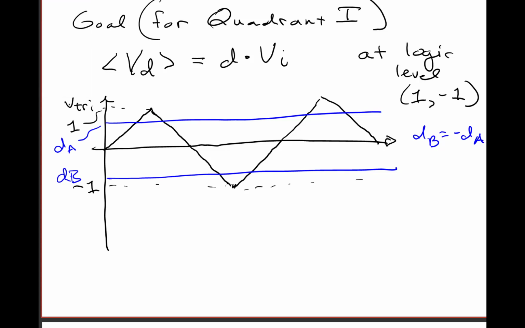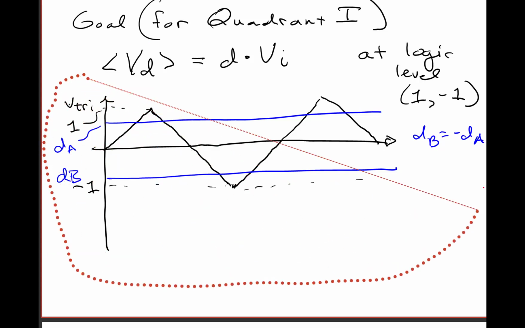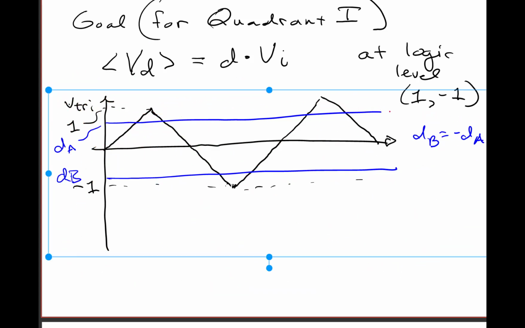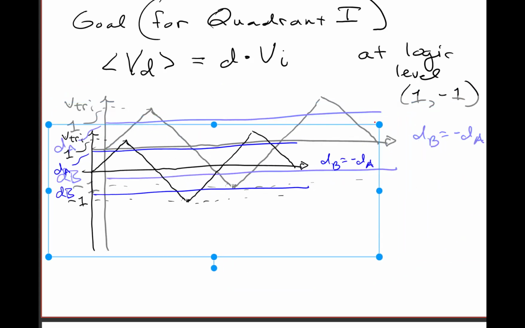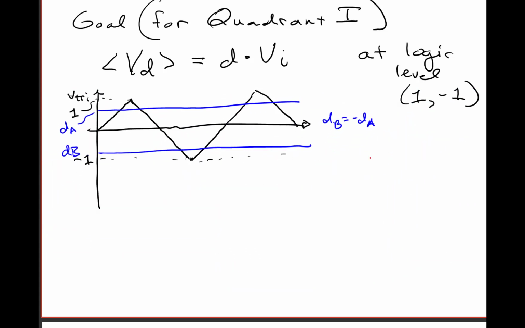So what that means is I'm going to have a duty cycle that gets D sub A, for example. This is actually coming from controls.